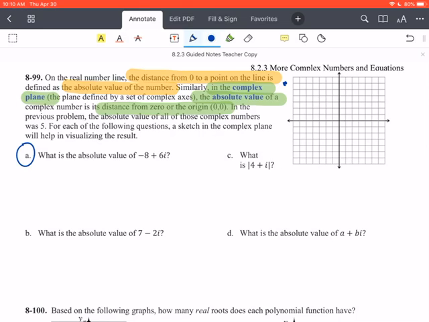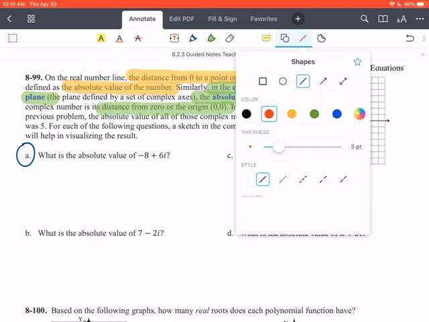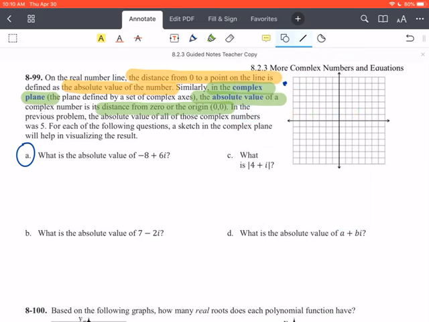How are we going to find the absolute value of that number? Well, we are going to have to think about the length that occurs when we draw in the line that goes from the origin to the point, the complex number. Okay, let's make that look a little nicer there. So how are we going to find the length?